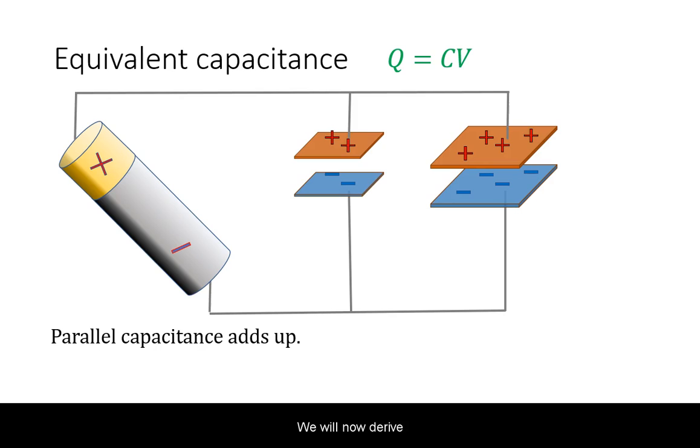We will now derive an expression for equivalent capacitance, which is the mathematical equivalent of treating multiple capacitors together as if they were a single circuit item.